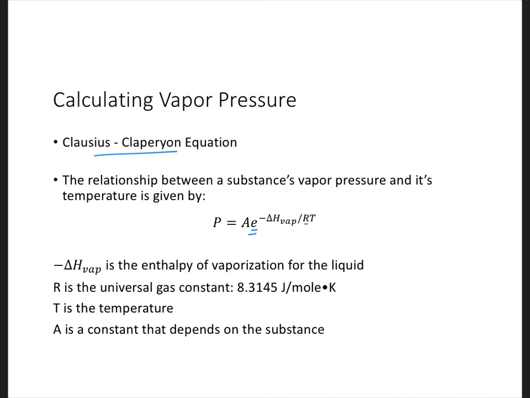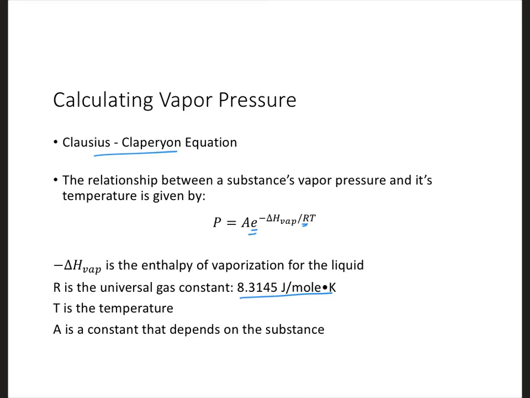R is the universal gas constant, so it needs to be 8.3145 joules per mole Kelvin. We've talked about how R can be different things in Gen Chem 1, depending upon the units of pressure that you had. In this case, there's only one version of R that we want to use, and it's the 8.3145. T is the temperature. A is a constant that depends on the substance.